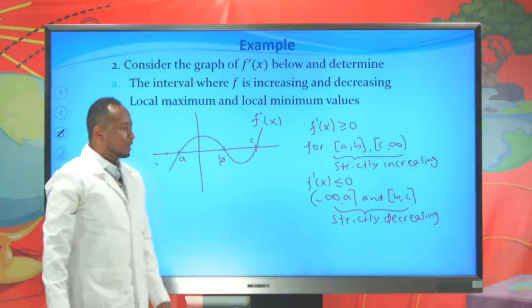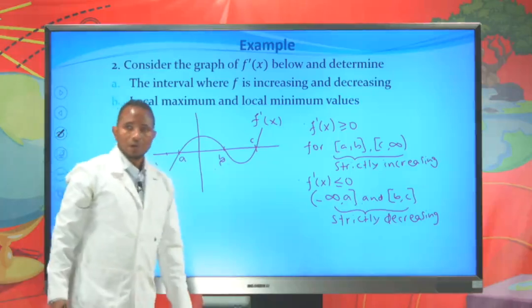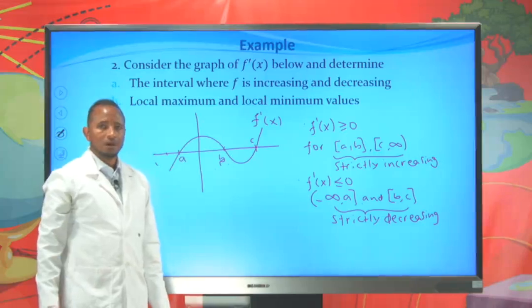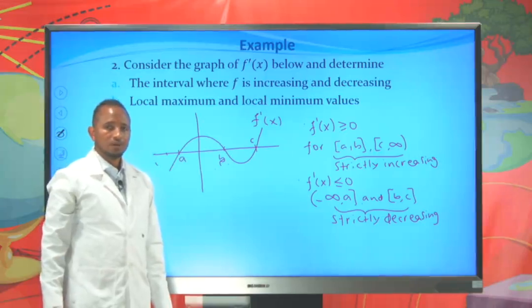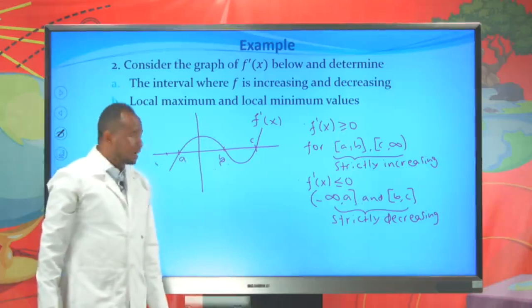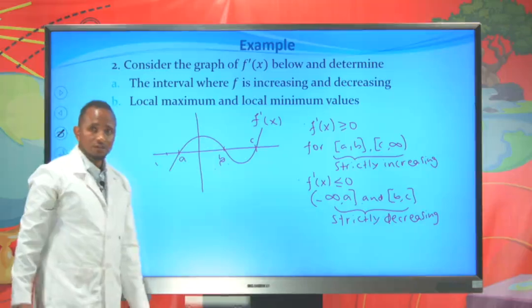And in addition to this, we are asked to find the local maximum and the local minimum values. To find that, we need to see the critical numbers. The critical number is a point where the derivative is 0.